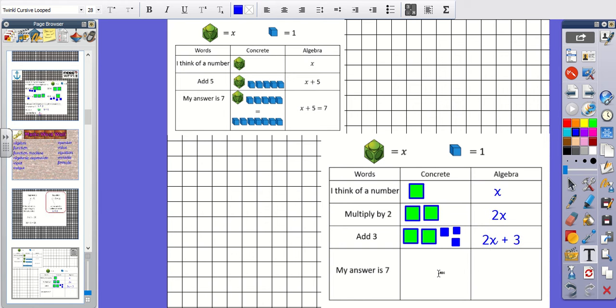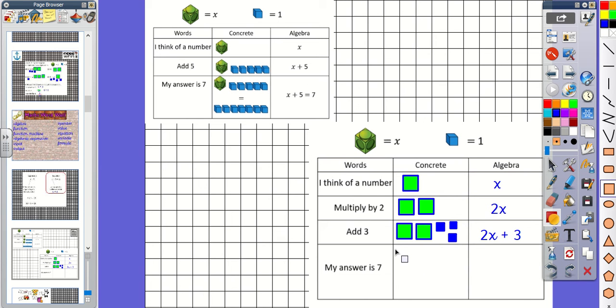Okay, my answer is 7. Ooh, so we know then that 2x plus the 3 gives us 7. So I need to draw 7 ones. Here we go. So 1, 2, 3, 4, 5, 6, 7.